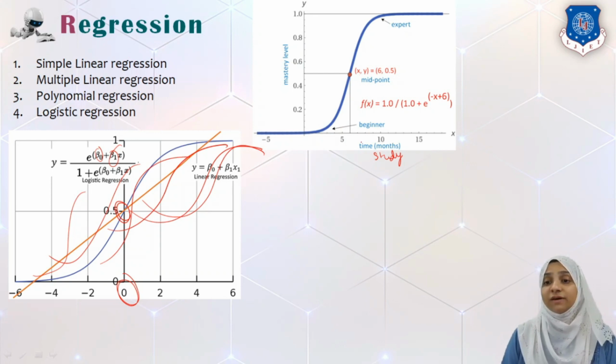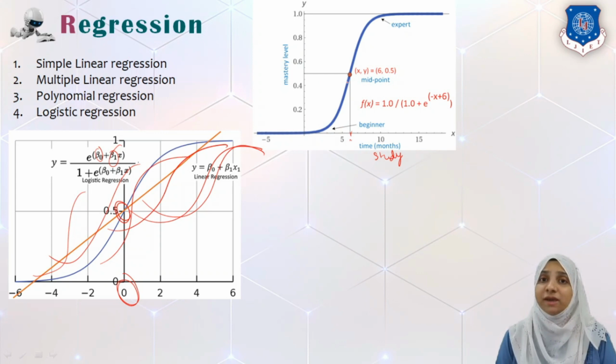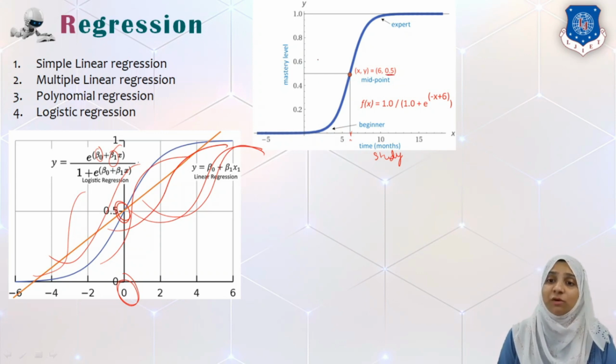So whenever a particular person or student spends 6 months studying a particular topic, they have medium mastery. That is, the mastery level is 0.5, or 50%. So with x, y equal to 6, 0.5, we say that within 6 months we can achieve an average mastery level.